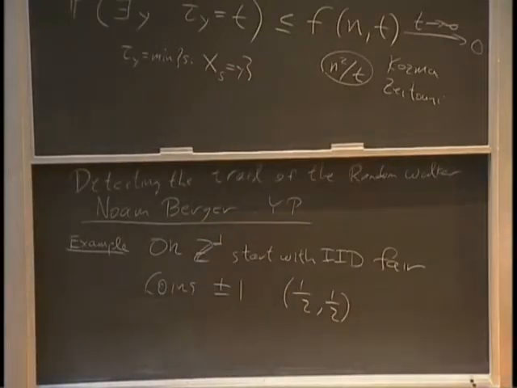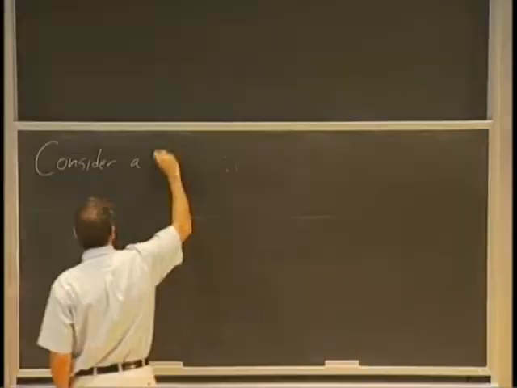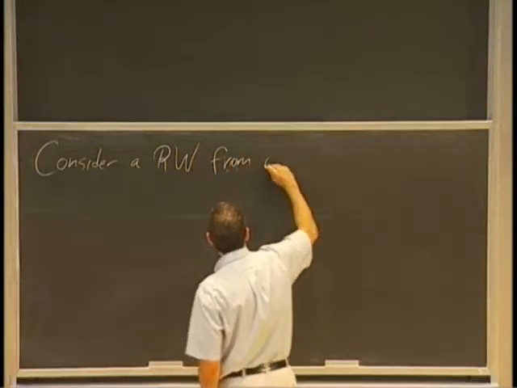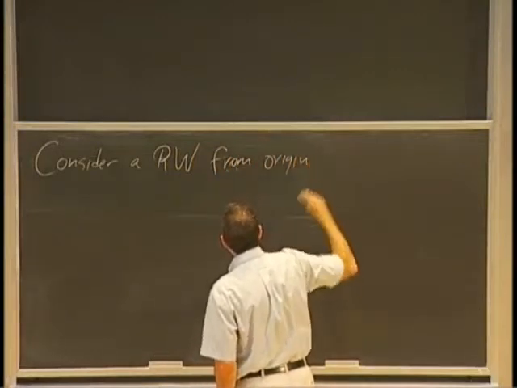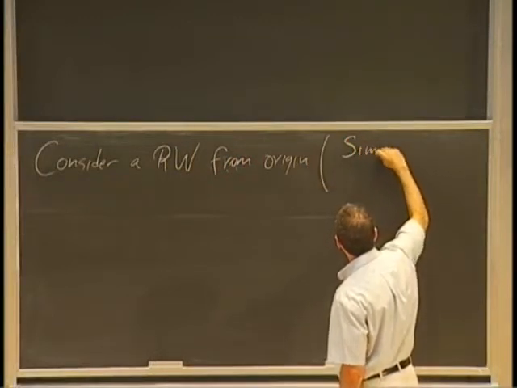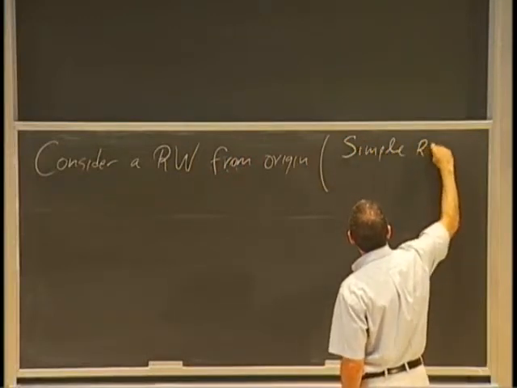Now, consider a random walk path from the origin, and we'll consider several flavors. For instance, simple random walk is one example.